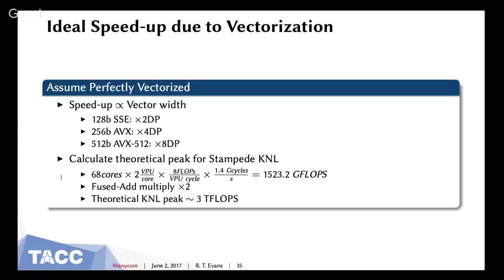No. Because this is assuming every clock will fill both vector units, every floating point operation is a multiply add, and you always have data in your vector registers to fill the units. So in general, this is unrealistic. So you're not going to get 3 teraflops.